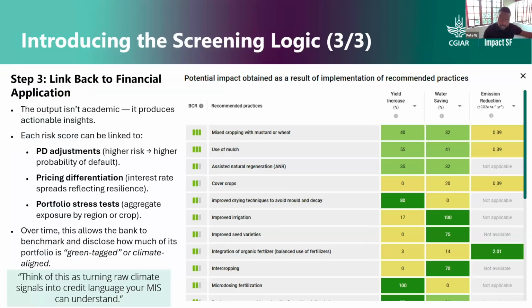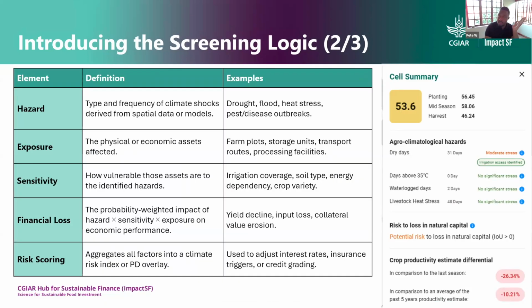Now, before we even jump into that, one of the key challenges that we will always have is that we shall have several hazards. So coming back to this slide, we shall have several hazards. And a hazard here means just basically a problem. So we can have drought, flood, heat stress, all that. But at the same time, we shall have several solutions.